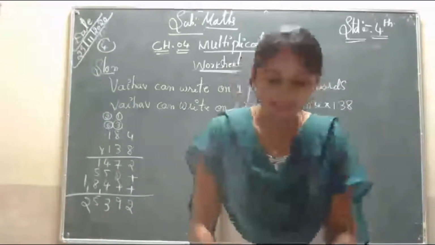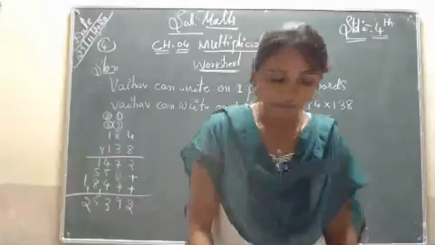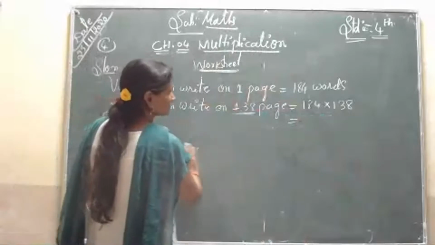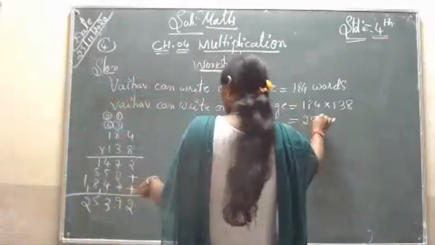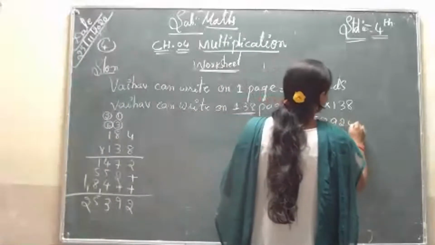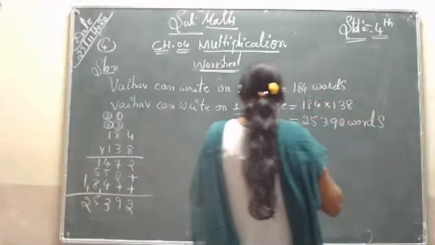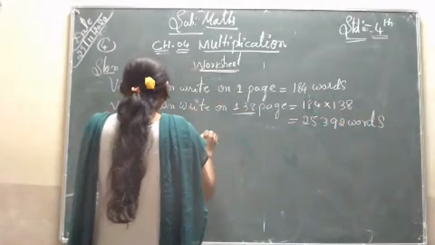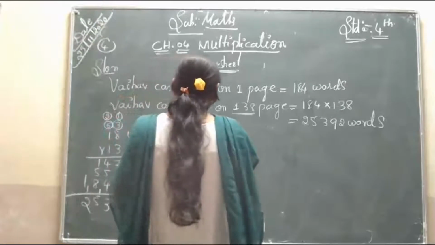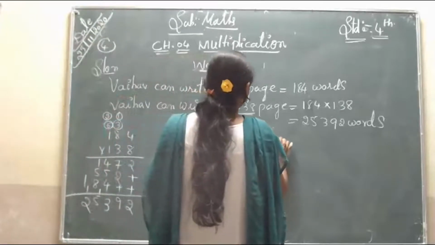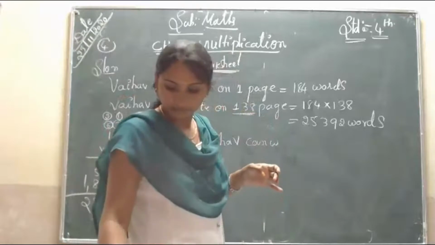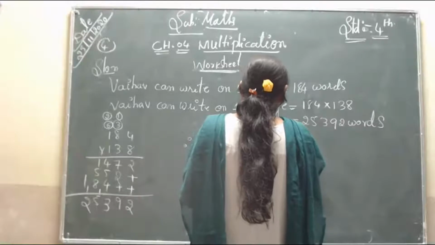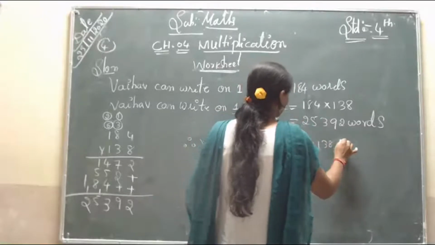So you have to write here: the words Vaibhava writes, 25,392 words. So Vaibhava can write on 138 pages.